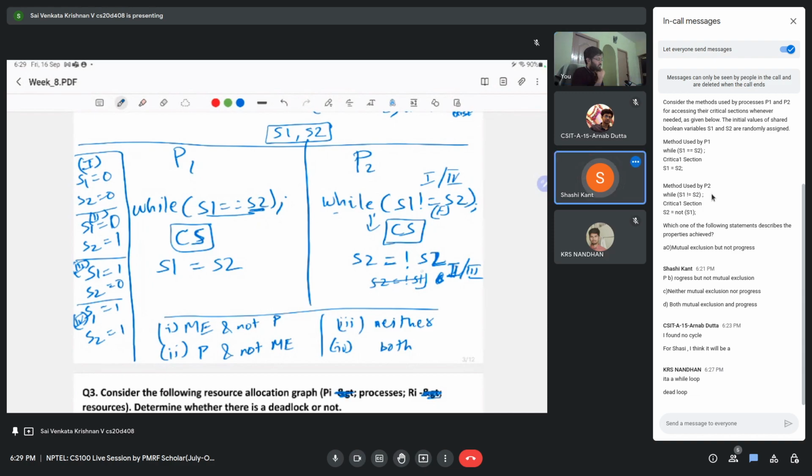Well, in the right code, you should say S1 is not equal to S2. No, so initially in the question it was given S2 is not S1. But the condition for entering the critical section is that S1 equal to S2 is true.